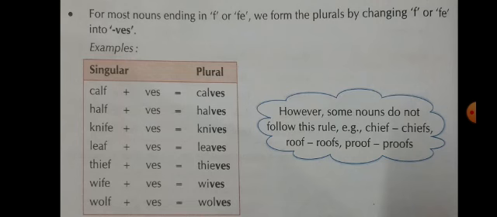Like if there is calf, we will remove F and add VES. So, what will it become? Calves. In the same way, halves, knives, leaves, thieves, wives and wolves. So, from every singular noun we have removed F or FE and added VES.